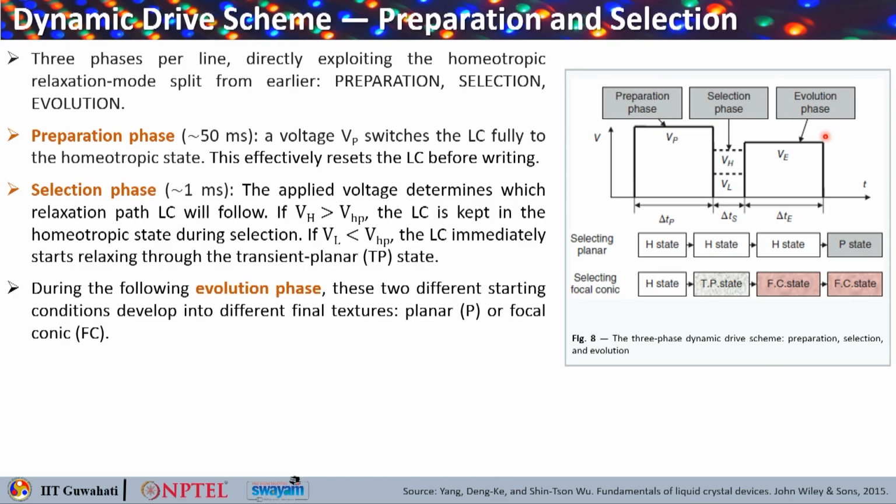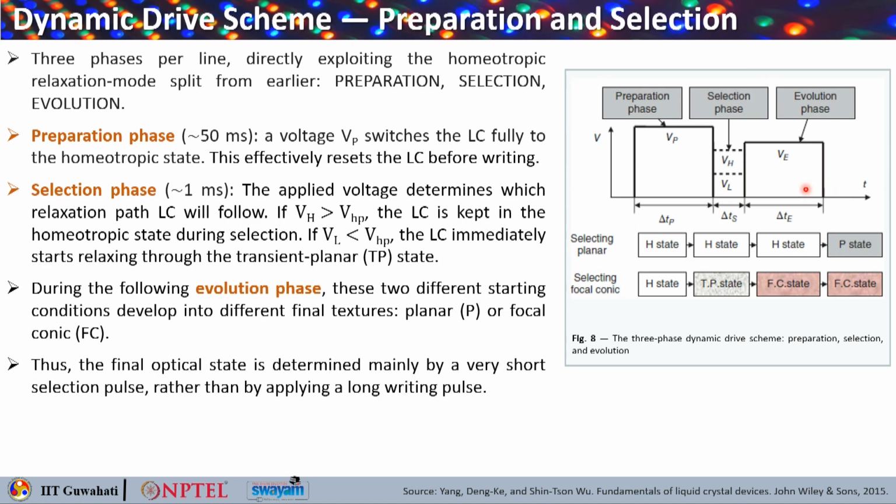Here these 2 different starting conditions will develop into different final textures, either planar or focal conic. So the final optical state is determined mainly by this very short selection phase rather than by applying a long writing pulse.